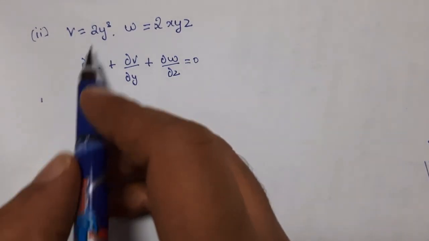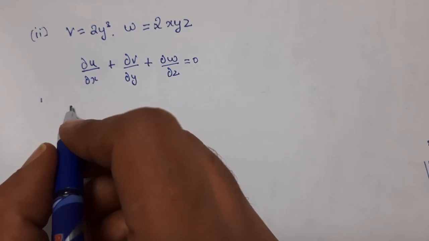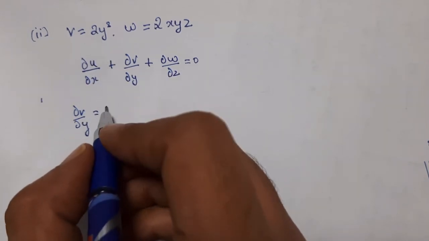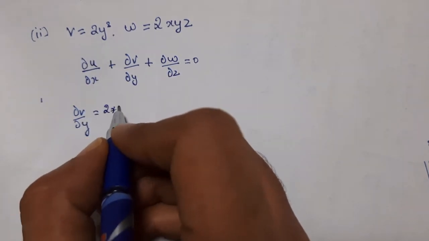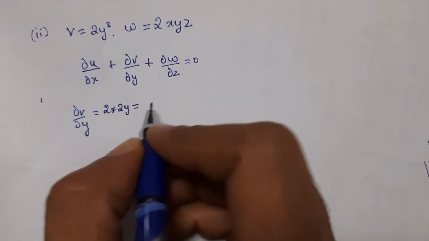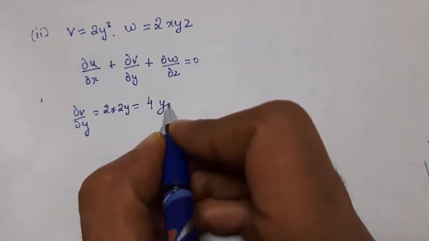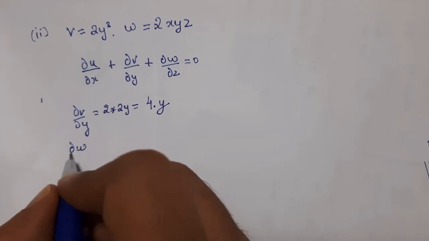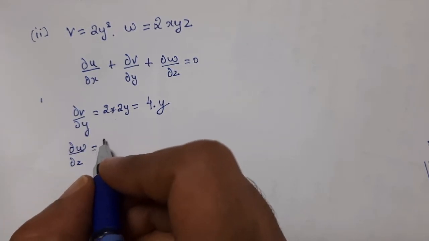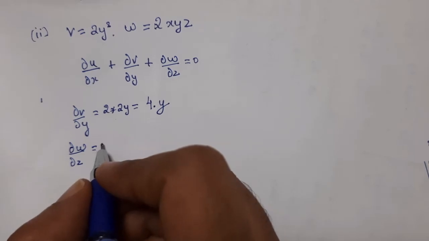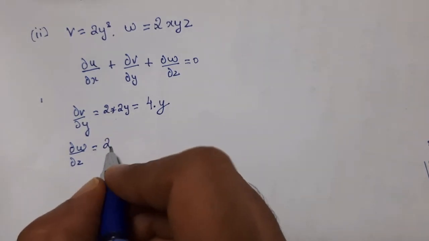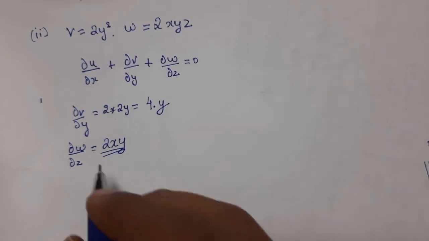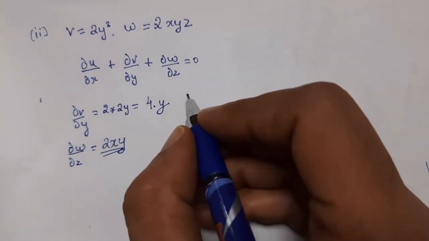Similarly, differentiating v, that is 2xy square, so dou v by dou y, when you differentiate this, what we get is 2 into 2y, that is equal to 4y. And dou w by dou z is nothing but 2xy. So when you differentiate that with respect to z, you will get 2xy.